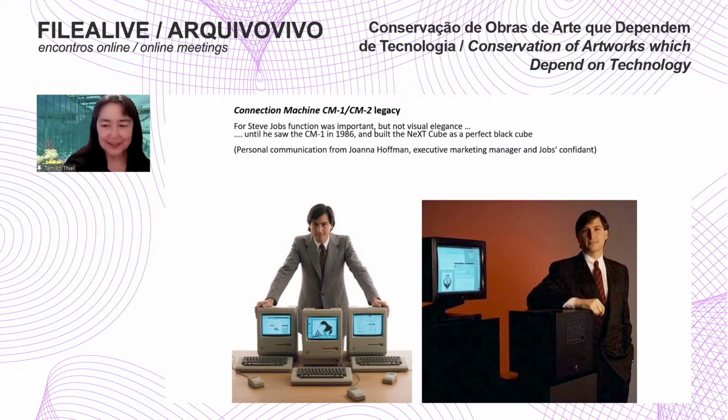Also, then I had my ace in the hole, my friend Joanna Hoffman, who was Steve Jobs' right hand, both on the very first Macintosh project, and then when Steve got thrown out of Apple and started NeXT. She told me years and years later, he saw a photograph of the connection machine when it first came out in 1986, and said to Joanna, find me the designer of the connection machine.